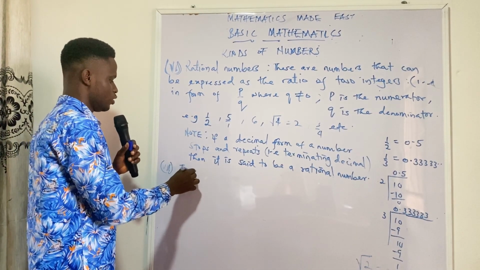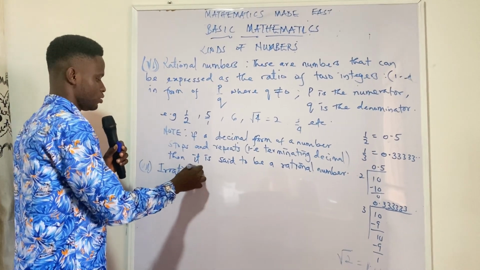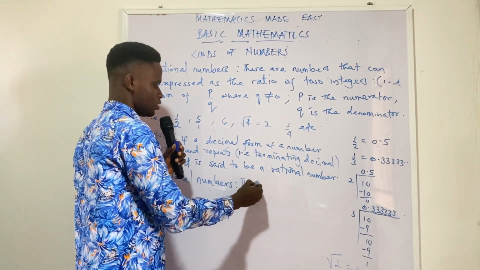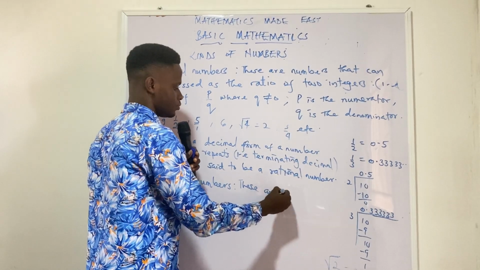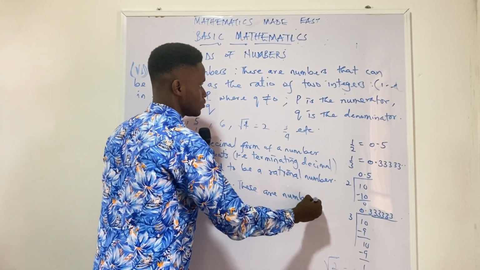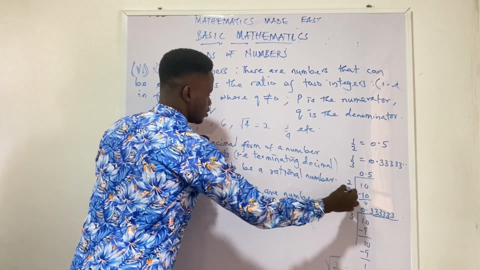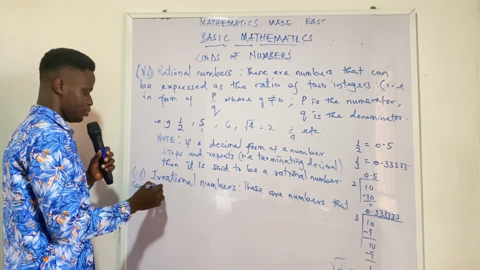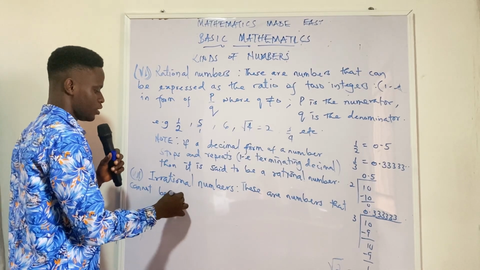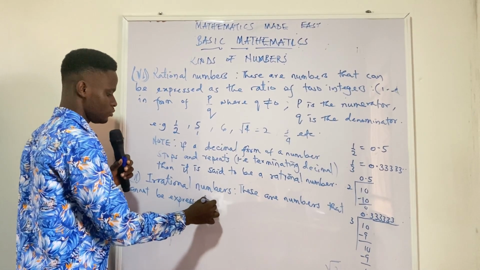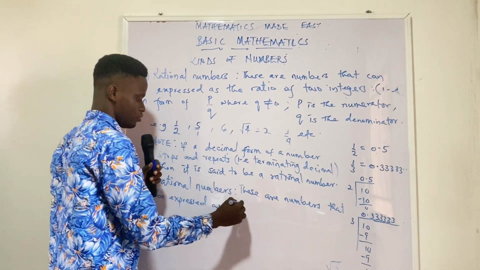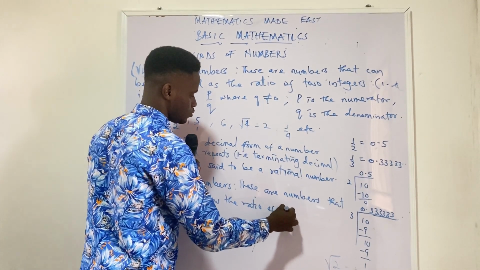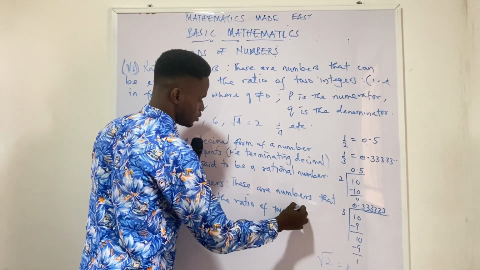So let's move to the next number, irrational numbers, which I've already explained. These are numbers that cannot be expressed as the ratio of two integers.